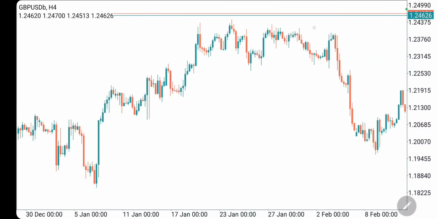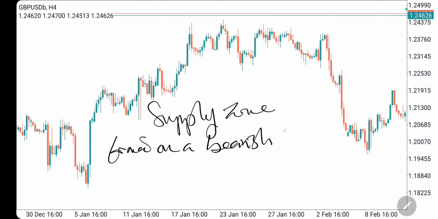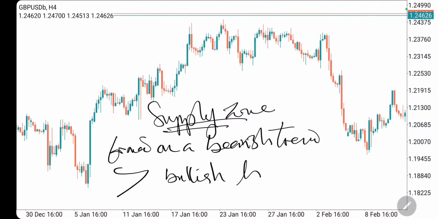In like manner, a supply zone that is formed on a bearish trend has a higher probability of success than a supply zone that is formed on a bullish trend. All right, so in other words, take buy trades only on a bullish trend and take sell trades only on a bearish trend.